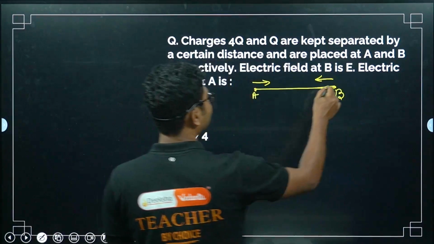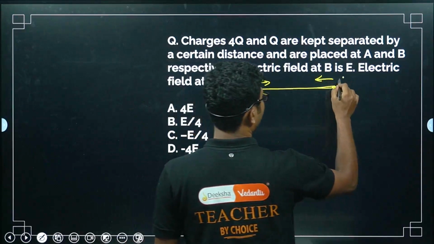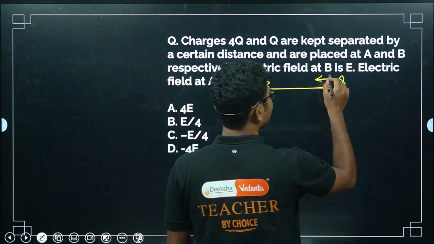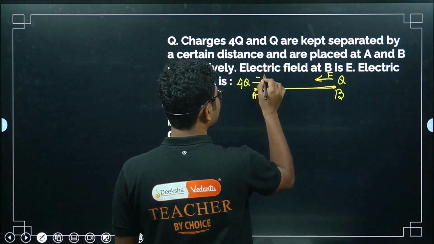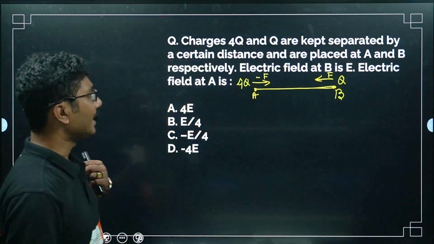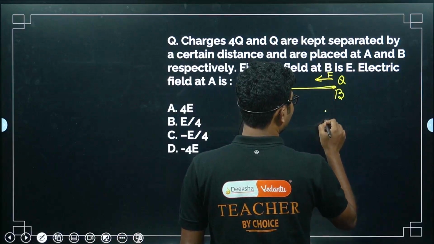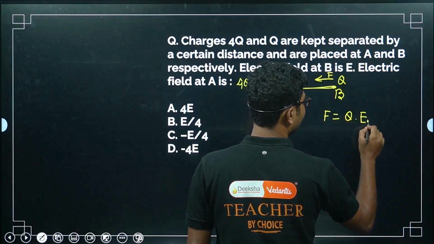Now one charge is 4q, this charge is capital Q. If the force acting on this is plus F, suppose, then the force acting on this is minus F, right? Now we know that force is nothing but charge times electric field.